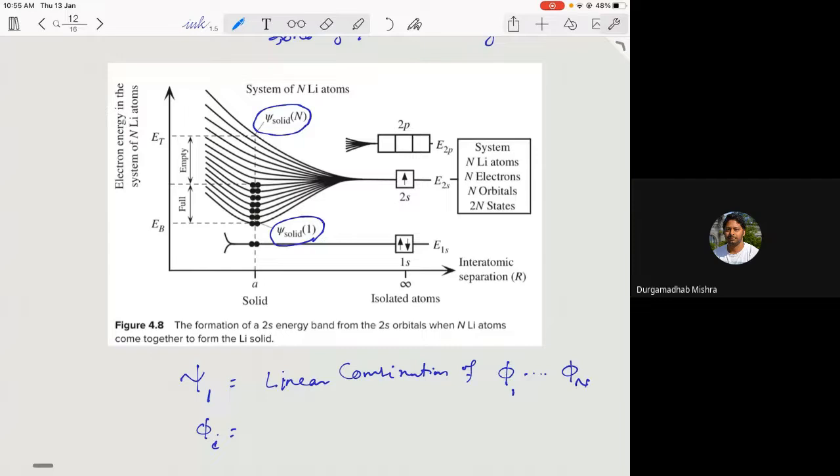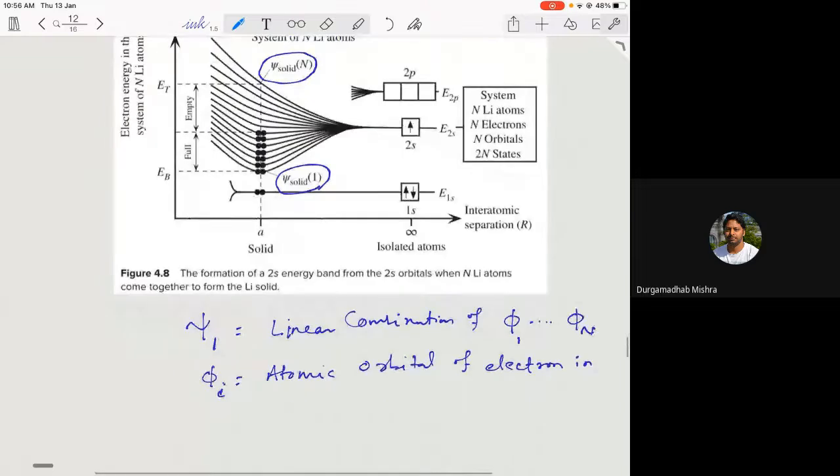It is the atomic orbital of the electron in the ith atom. So this electron is nothing but the 2s electron, because there is one electron. So phi i represents the wave function. This is the wave function for the 2s electron in the ith atom.